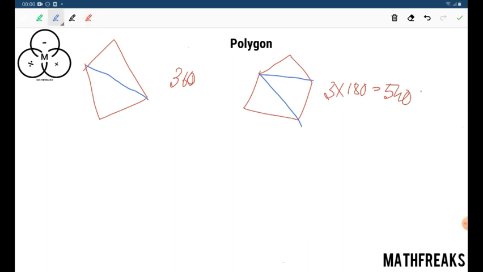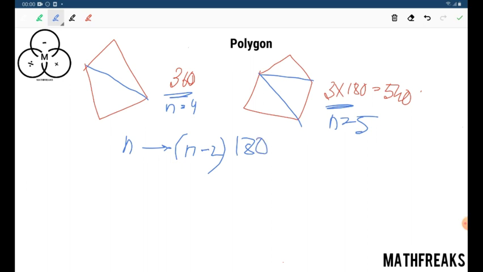So for a polygon having n sides, this is having n equals 4, n equals 5, the sum of interior angles is (n minus 2) into 180 degrees.